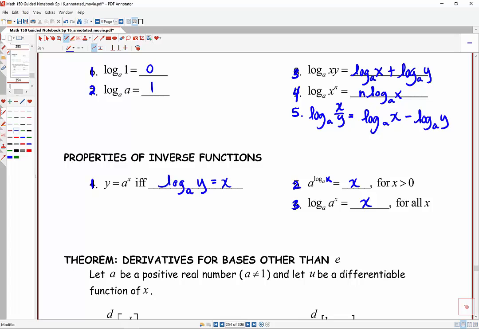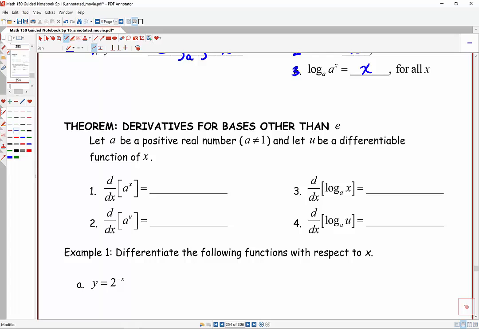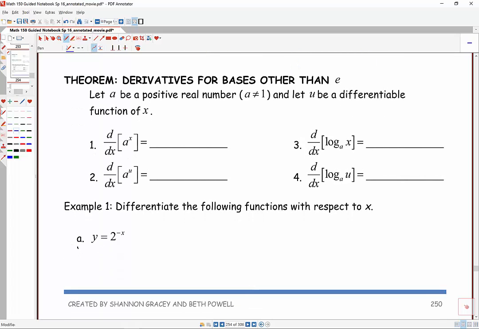Okay, so derivatives for bases other than e. So first is the case where you do not have a function of x, right? So what will happen is, just like before, you rewrite your exponential just like for e to the x. But what we need to do is multiply this by the natural log of our base.